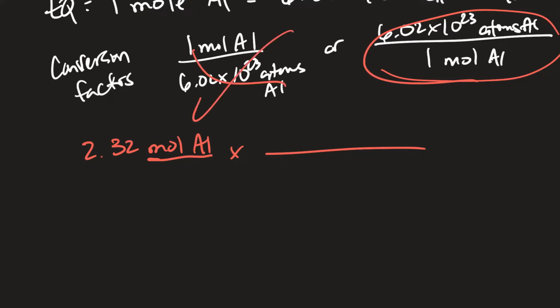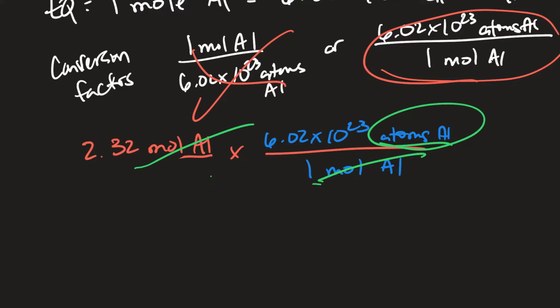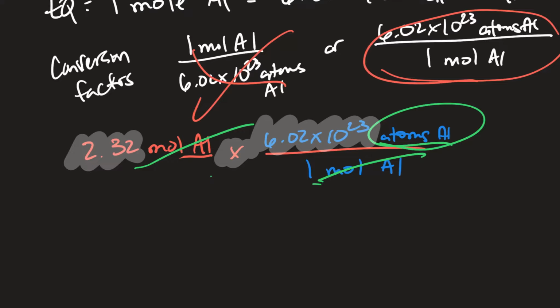So I'm going to rewrite this conversion factor as so. We have 6.02 times 10 to the 23rd atoms of aluminum over 1 mole of aluminum. Okay, so moles of aluminum will cancel out. You're left with atoms of aluminum. And then all you have to do really in your calculator is 2.32 times 6.02 times 10 to the 23rd. You need to make sure you include all of that when you type it in the calculator.